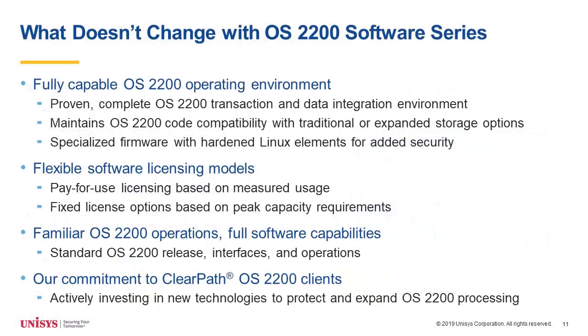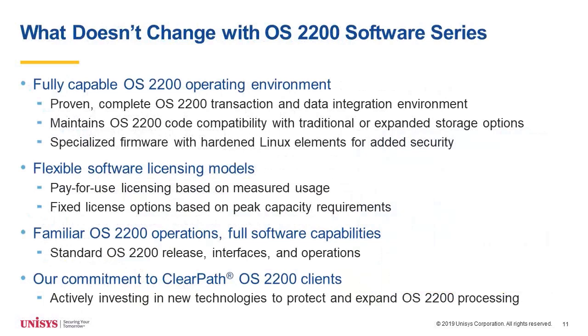All the traditional transaction processing and data integration tools and interfaces that you rely on are maintained within the OS 2200 software series. We certainly, with any architecture change, recognize that we have to maintain code compatibility. And we have developed specialized firmware to do that and have taken the extra step of hardening it such that there's added security within the pieces of Linux that we utilize in our firmware.